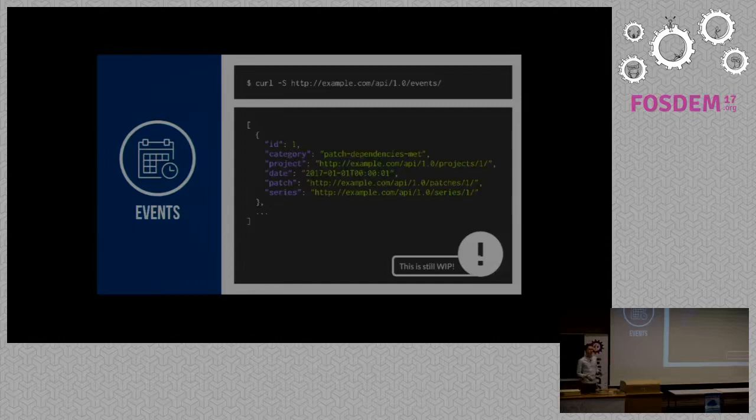So if a new bundle is created, if a patch is created, and crucially, if a patch is created and then all of its dependencies are met, i.e. patch number 5 in a series, if the first 4 patches have been received, events will be raised for this, and they provide a quick and easy way of downloading the patch and then your series for those kinds of events. This is pretty crucial when it comes to CI because it gives you an automated way of figuring out what is available for testing.